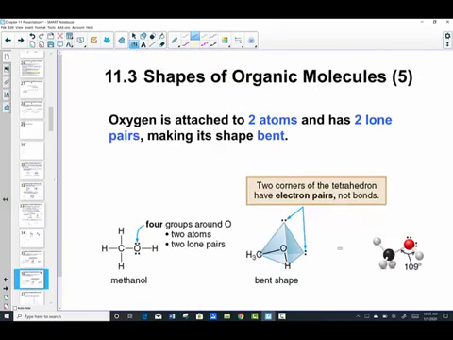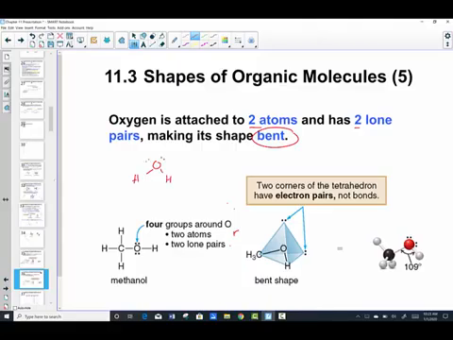A next geometric shape to consider around the central atom. If you see two atoms and two lone pairs, the molecule is now considered to be bent. Two corners of the tetrahedron and two electron pairs give us a bent molecule. For example, water is a bent molecule.